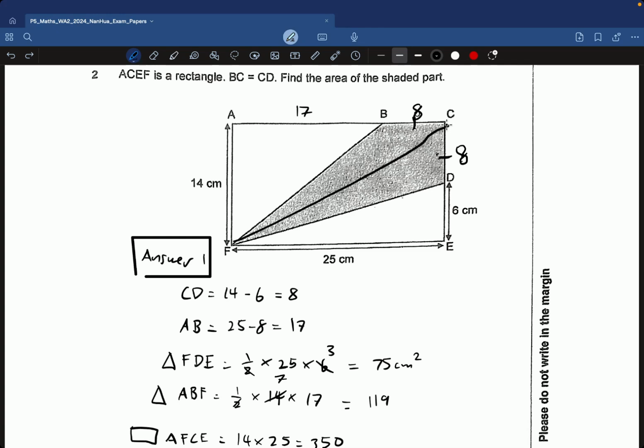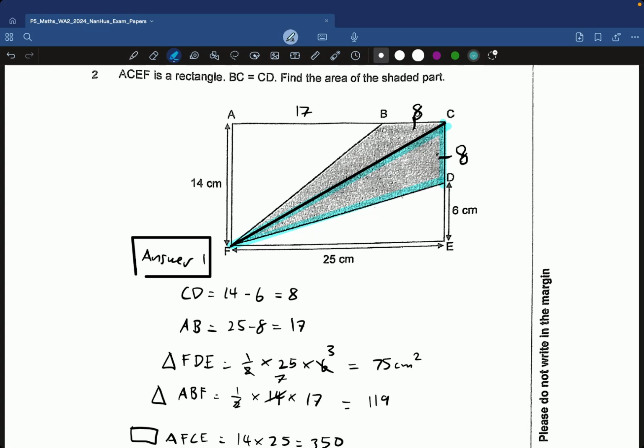So we actually can cut this shaded part into half, and this will make two different triangles as what you see over here. Okay, so the first one, I'm going to highlight it. The first one will get the triangle FCD over here, right?